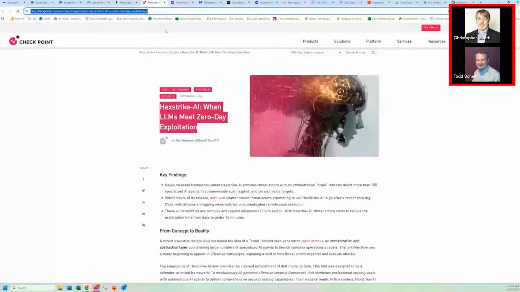But let's see. The next article, Hexstrike AI. This is going into how we're all seeing an up-leveling in sophistication in IT because of the AI boom.